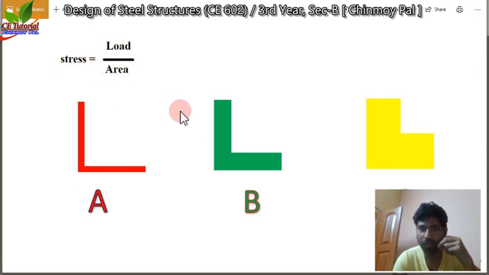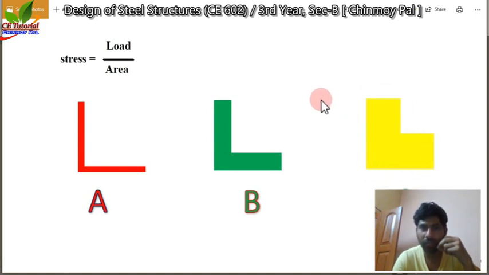Our structure should not fail, number one. And if we choose this type of section, area is very high, so stress will be very low. Okay, structure will not fail, but the cost will be high. That means the construction cost will be high.